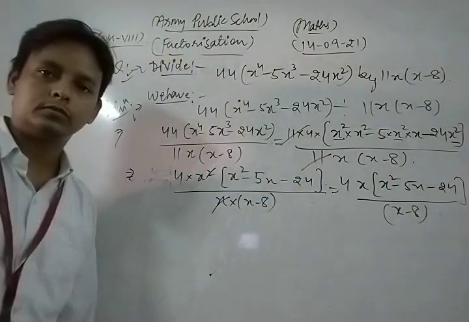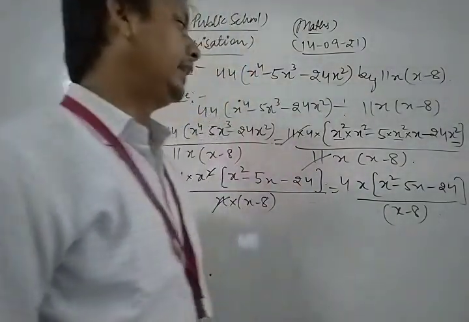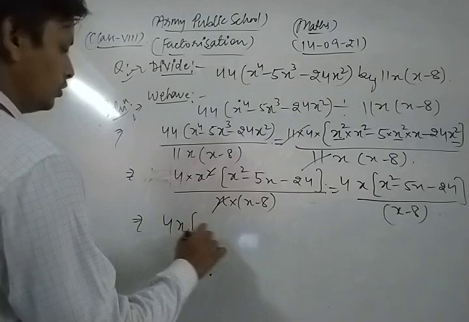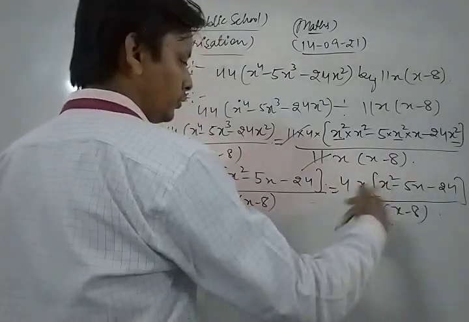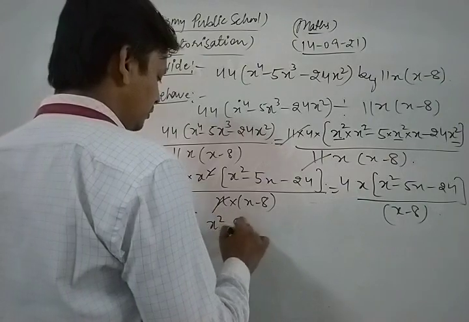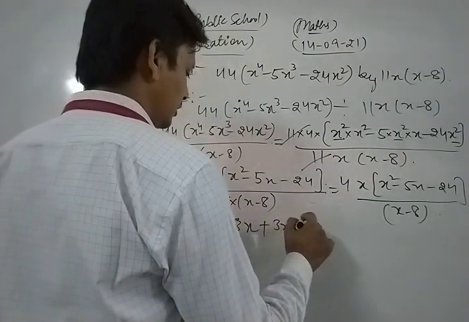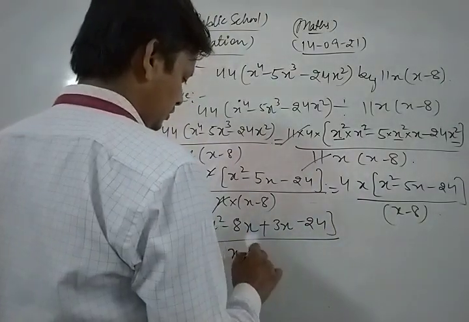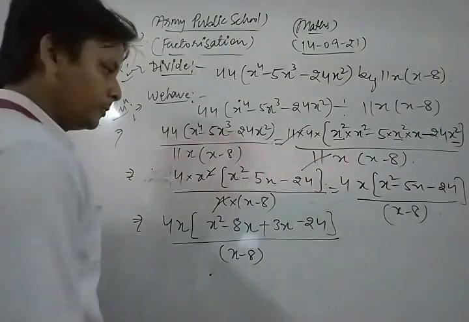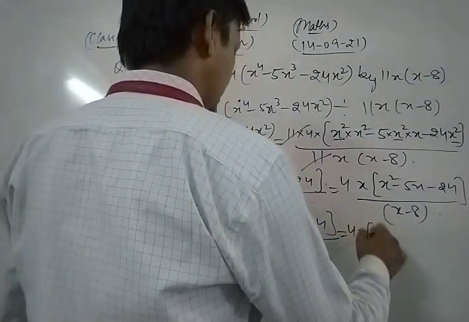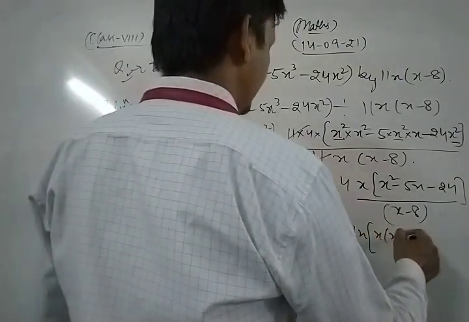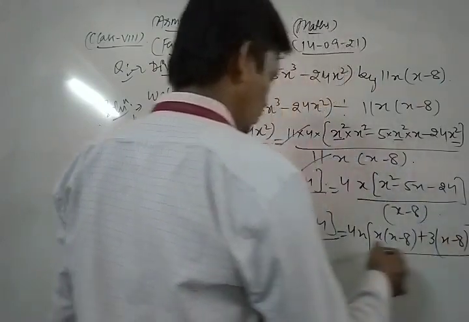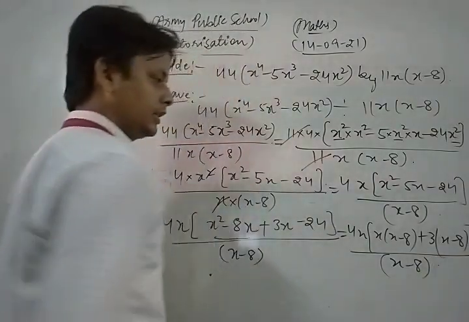Now look, in the numerator we do the factorization. For that we split the middle term: 24 is 8 times 3, so x square minus 8x plus 3x minus 24, and in the denominator we have x minus 8. Now look, this is 4x, and from these two terms we take x common, so we get x minus 8, and here plus 3 is common, x minus 8, upon x minus 8.